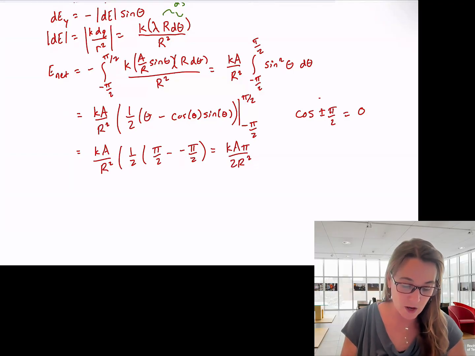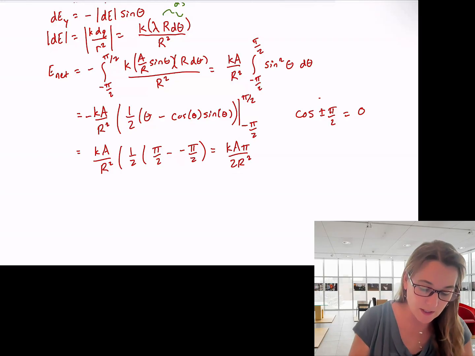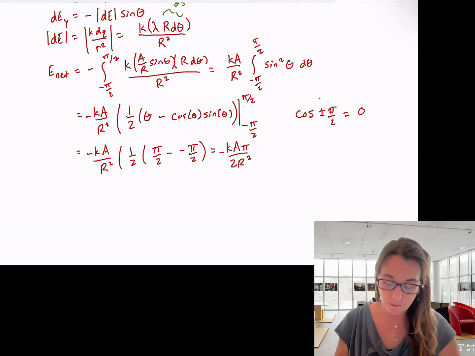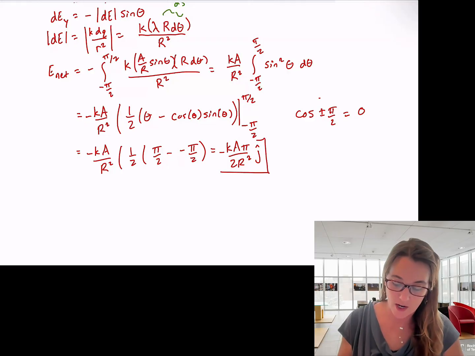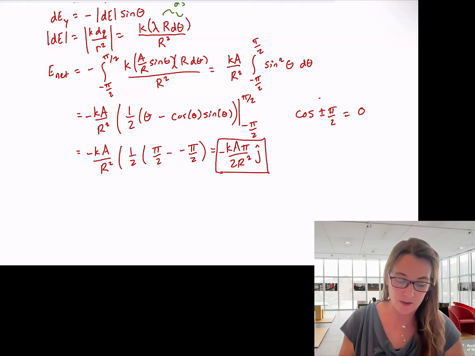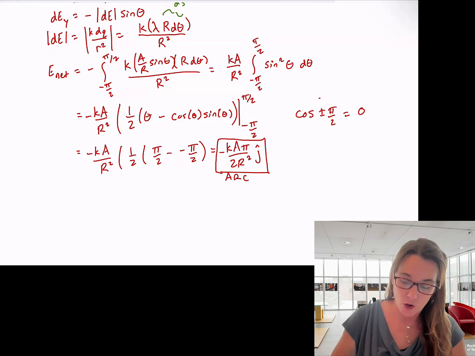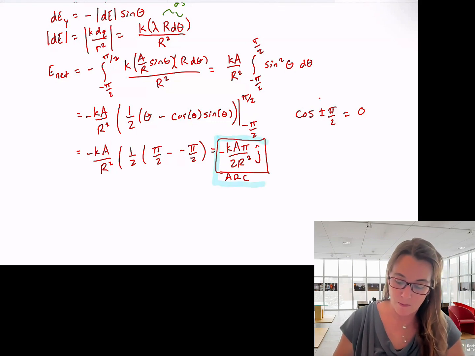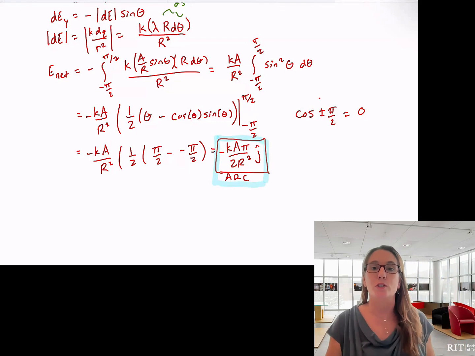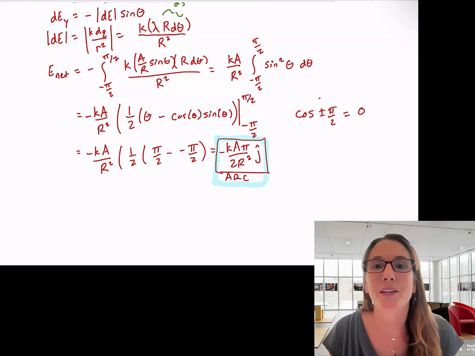And that, again, at some point I lost this negative out front. And so that, again, is going to be in our negative j hat direction. So that is a downward electric field that is from the arc of charge. We need to have that remembered as we work through the next portion of this problem.